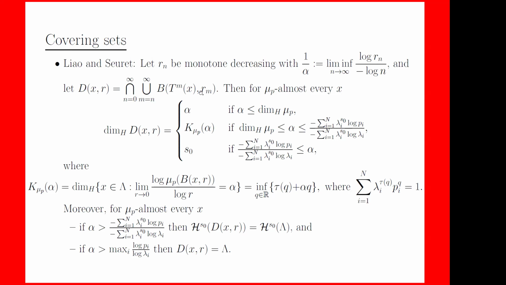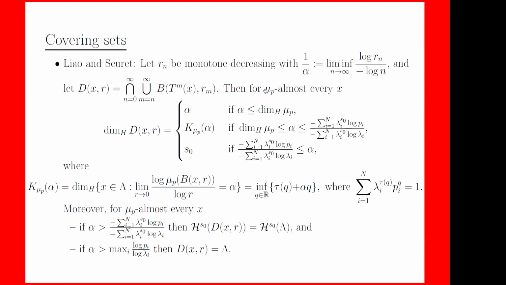So these are the radii of balls. And what you are asking is, what is the polynomial shrinking rate of Rn? So Rn in this case shrinks like n to the power minus 1 over alpha.